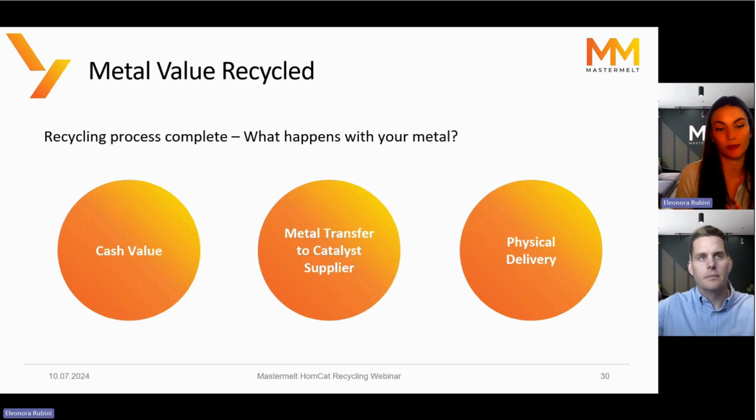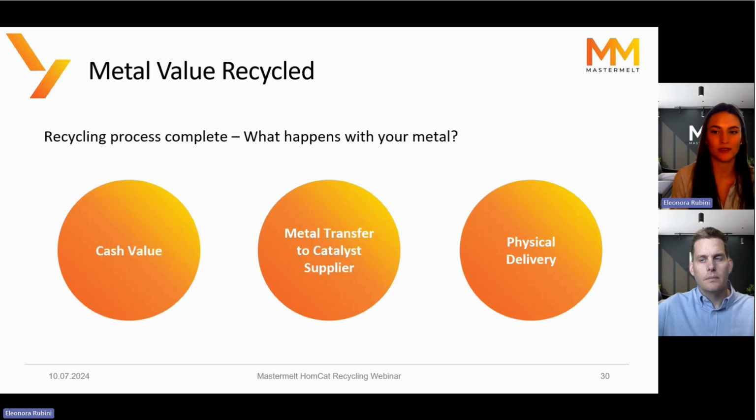Either you do not need the precious metals back because you're not going to do a next campaign, and therefore you can sell the precious metals to us and we will credit you with the value of the precious metals directly into your company bank account. A second option is that the metals can be transferred to your catalyst supplier, what is also called a paper transfer.